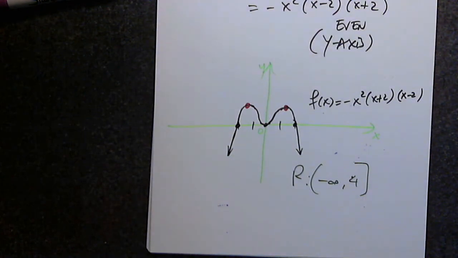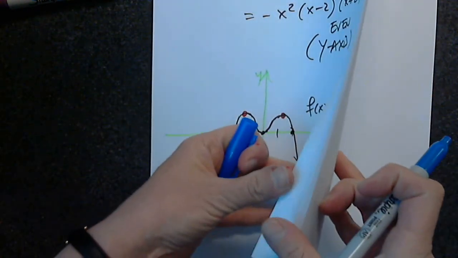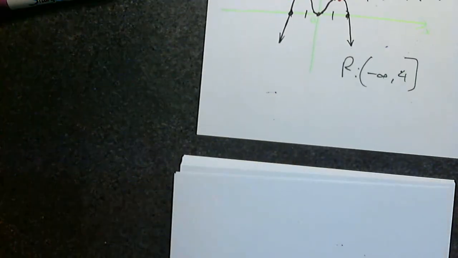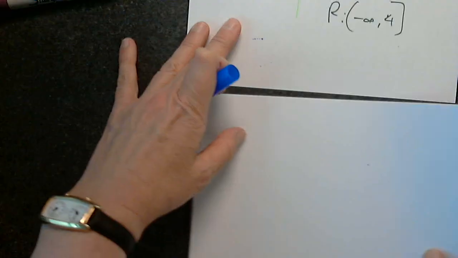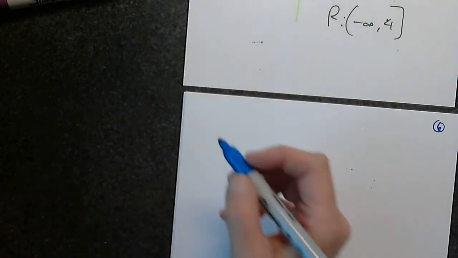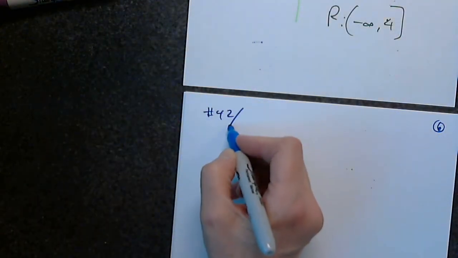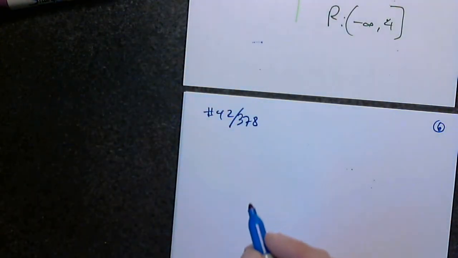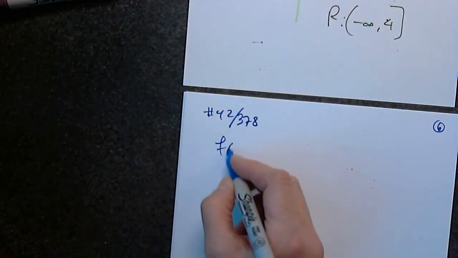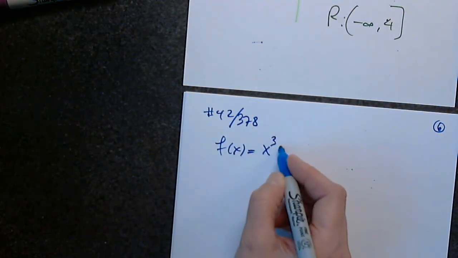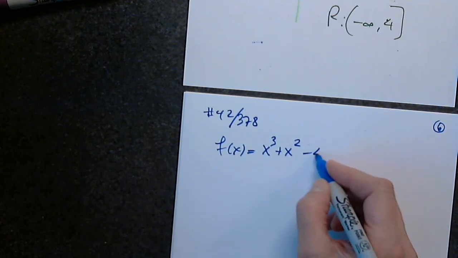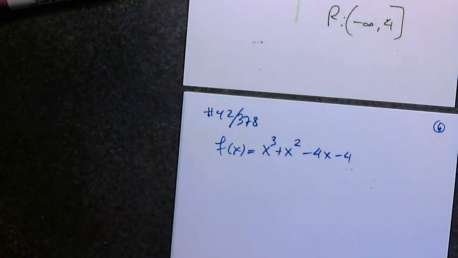So let's do 42. Problem 42 on page 378, and that is f of x equals x to the third plus x squared minus 4x minus 4. Good.